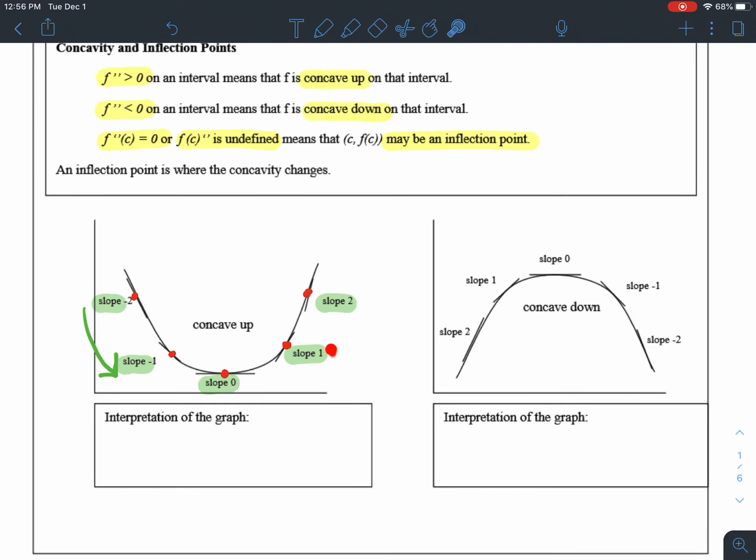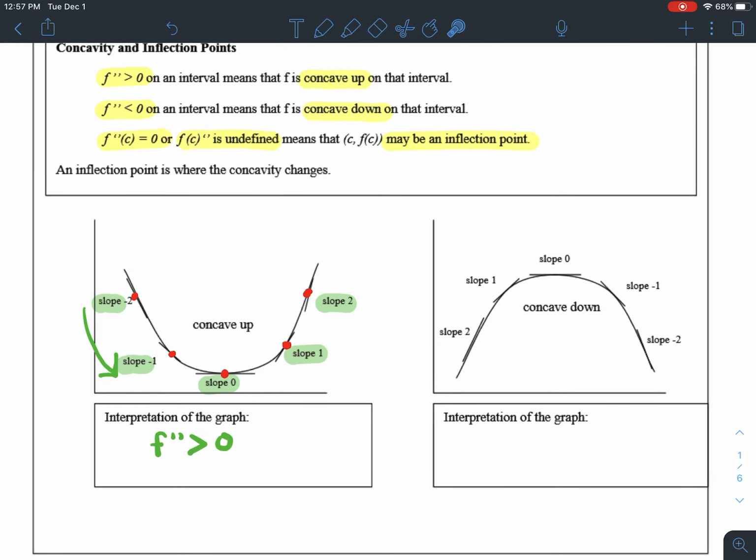So as you look at these slopes, -2, -1, 0, 1, and 2, how are the slopes, the first derivatives, changing? Well, it looks like they're getting bigger as we move from left to right. So our interpretation of this graph, if we say that the second derivative is greater than 0, that means the second derivative is increasing.